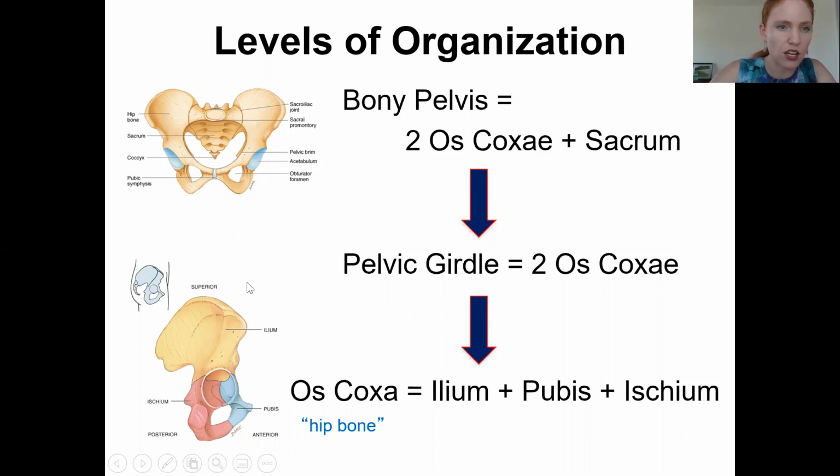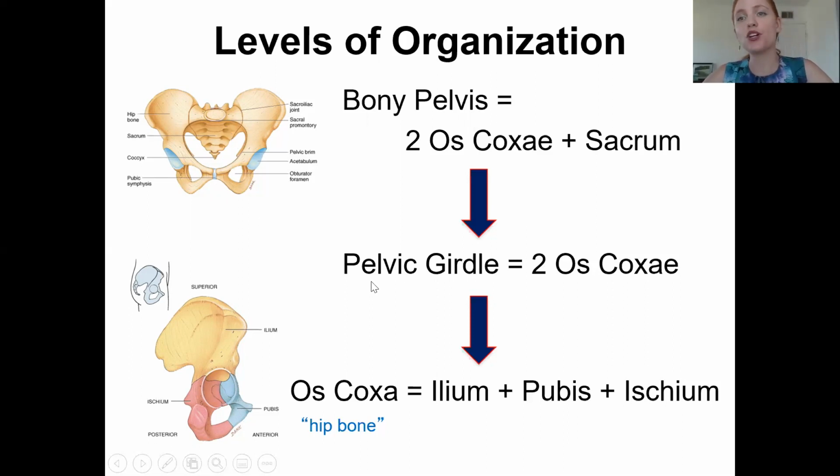Okay, so here's one os coxae. The two os coxae put together plus the sacrum in the middle. Now the sacrum would be part of the axial skeleton because it's on the axis. But when you're talking about a pelvis, you create the whole pelvic circle right there. And so that's going to include both os coxae bones put together, plus the sacrum in the middle of that.